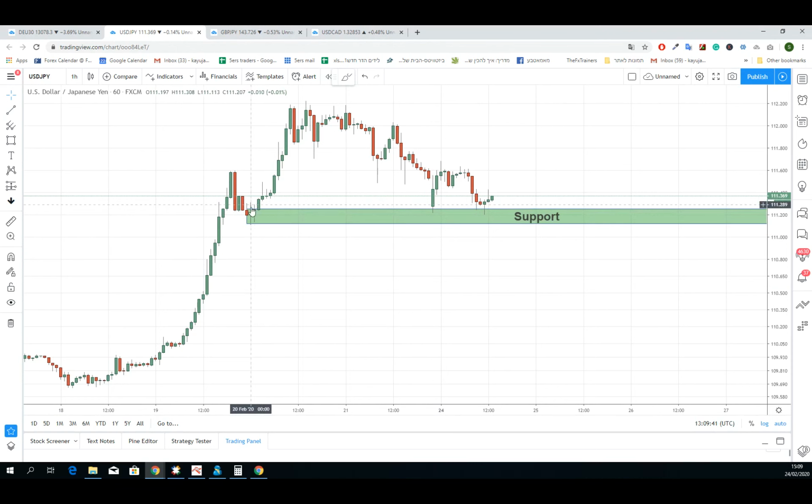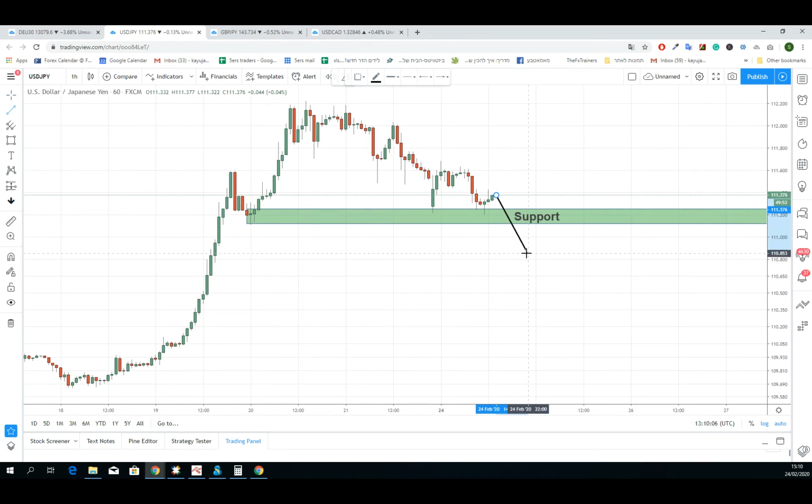It's not that strong a demand, but it seems a bit like a demand level. The price touched this level and you can see the reaction. Now the price tests this level again, and it seems that most likely the price will break out this support level. And if that happens, I will look for a sell position.